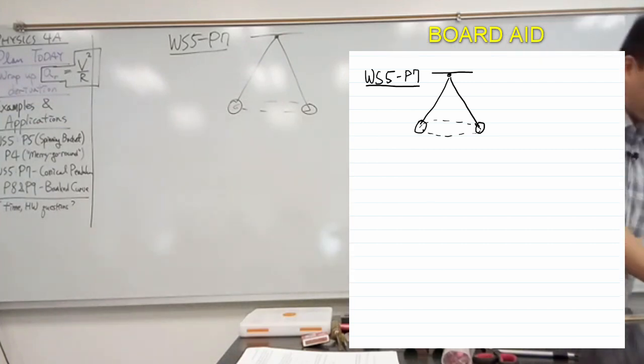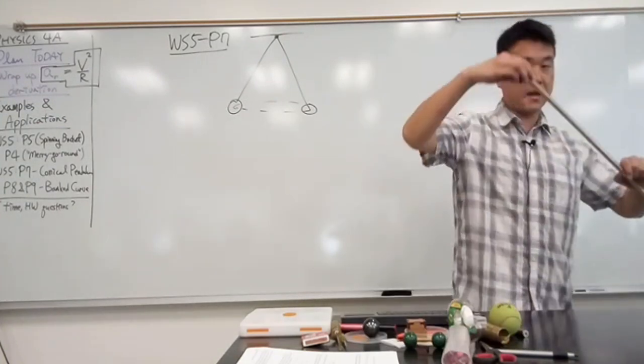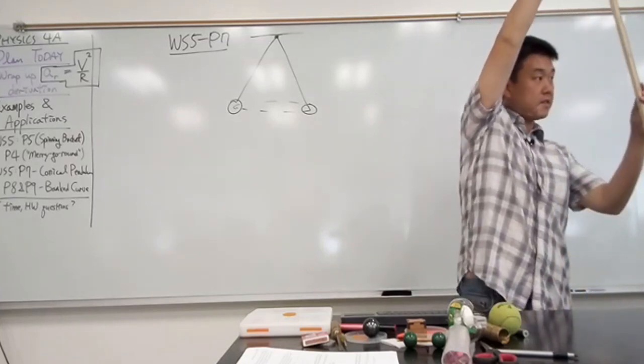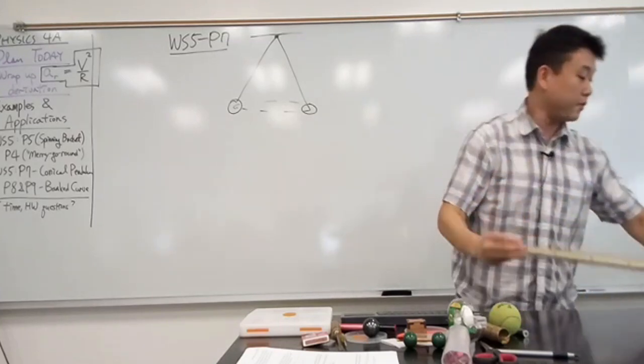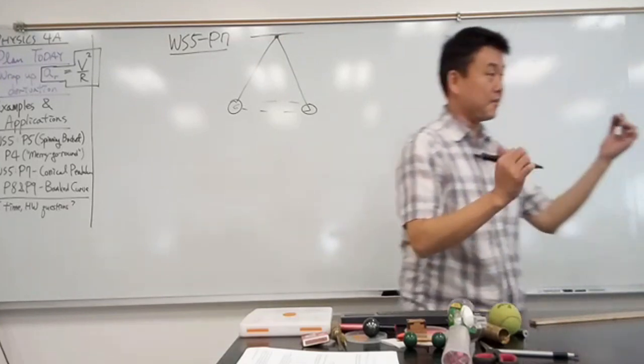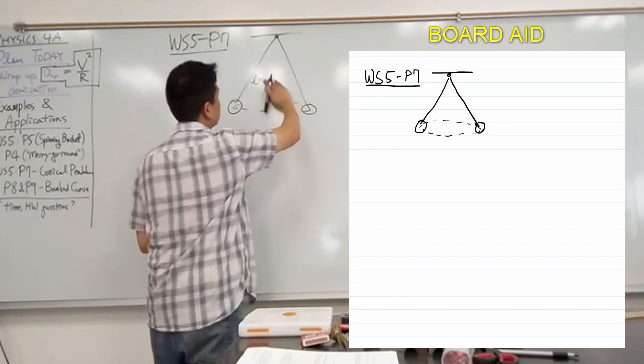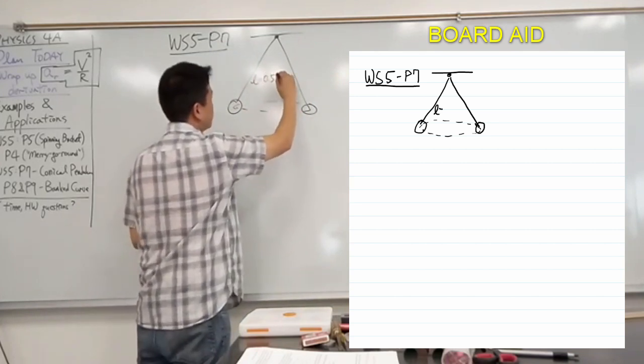Let me actually measure the lengths this time and see how long it is. The length of the string that we are using is about 50 centimeters, right? So I'm going to be actually plugging in numbers this time. I'll say the length of the string is about 50 centimeters or 0.5 meters.